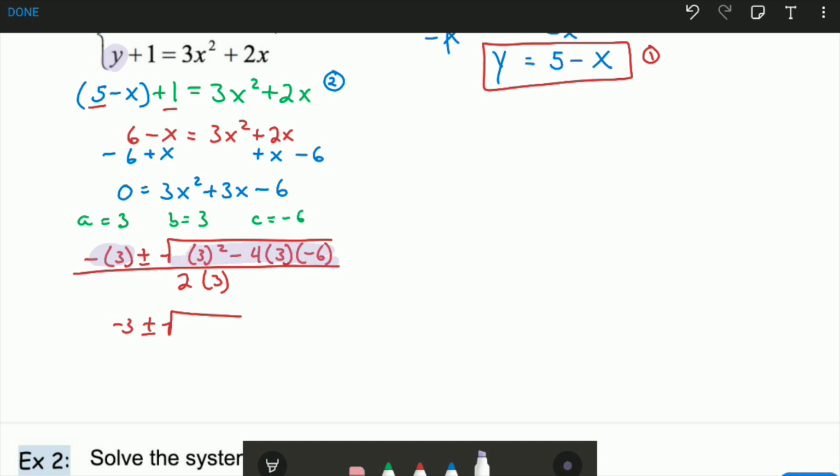So we have 3 squared minus 4 times 3 times negative 6. Which gives me 81. Oops, forgot to change back. And the third thing I deal with is the multiplication on the bottom. 2 times 3 is 6.